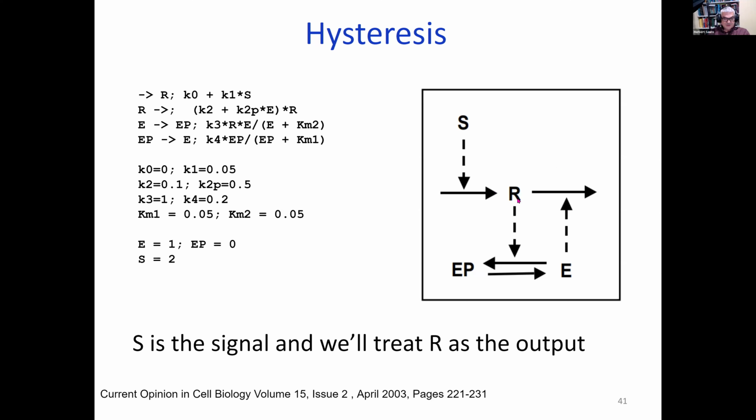And if R is consumed at a smaller rate, R will increase. And if R increases, it phosphorylates more E. And there's even less E here, and R increases even further. So that's the positive feedback loop, okay? So if S increases, R increases a lot more than you'd expect.